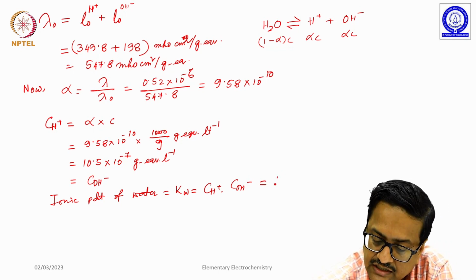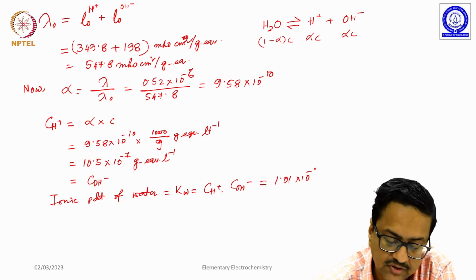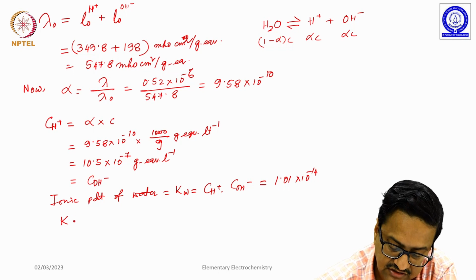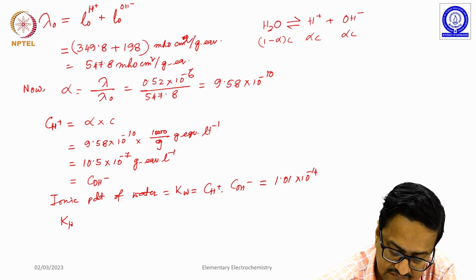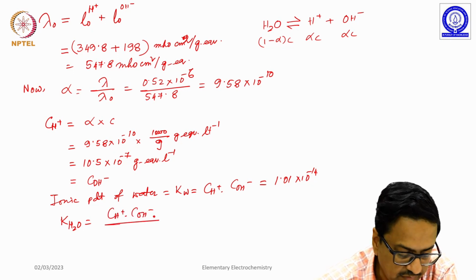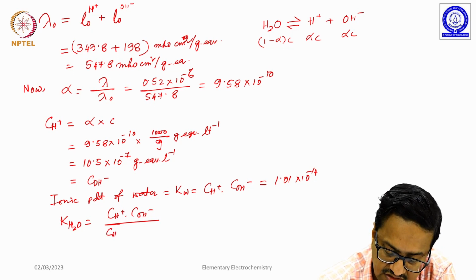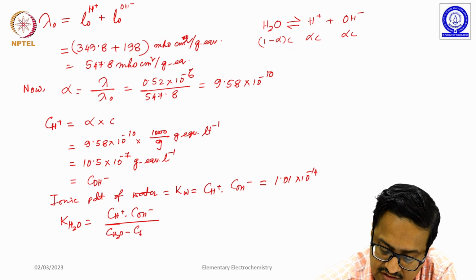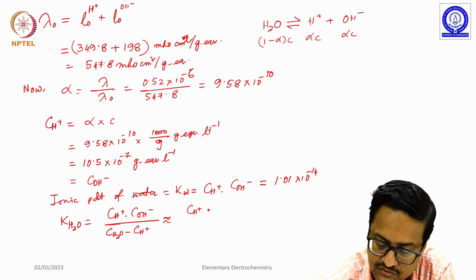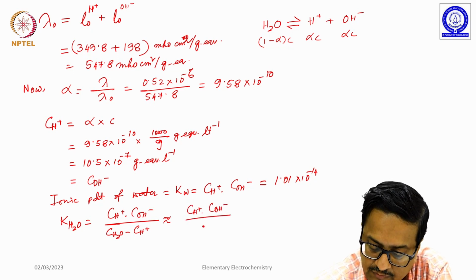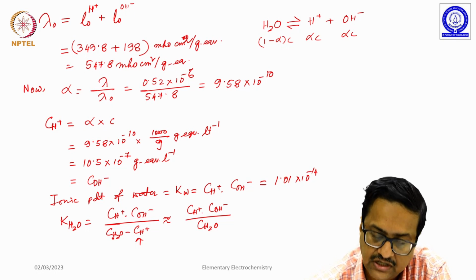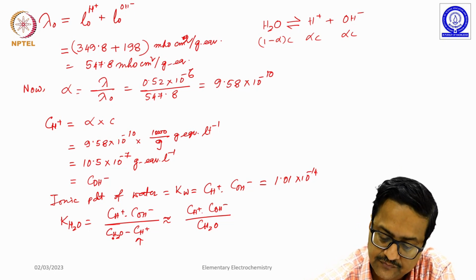If you do this product, it turns out to be 1.01 into 10 to the power minus 14, and the equilibrium constant of this dissociation of water, that is K water, is nothing but CH plus into COH minus divided by CH2O minus CH plus, which is sort of equal to CH plus into COH minus divided by CH2O, because CH plus is extremely small compared to the overall concentration of undissociated water.